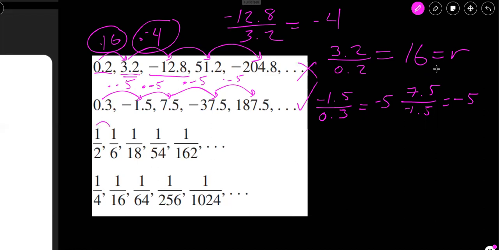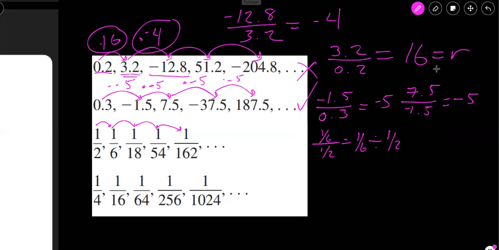On this next one, I've got fractions. Don't let fractions freak you out. They're just numbers like all the rest. So all we need to do is take 1/6 and divide by 1/2. If I've got a fraction with fractions in the numerator and denominator, I can turn it into a straight division problem.